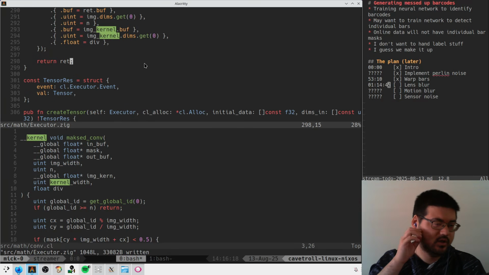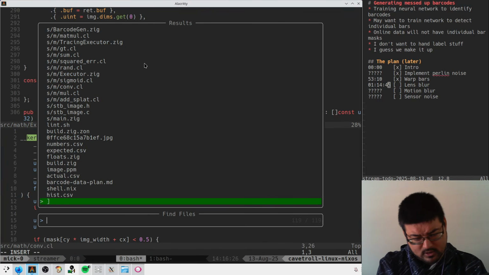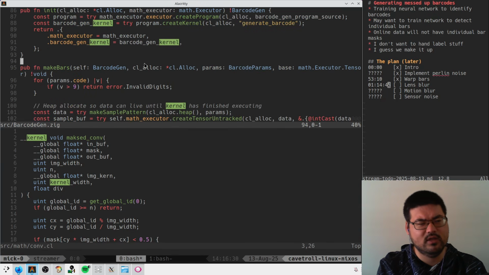Yeah, that's a maybe. And if we want to execute this during image generation, this means that our barcode generator can no longer just overwrite the underlying tensor that he was working on, right? This is base, and he's going to return a tensor here.